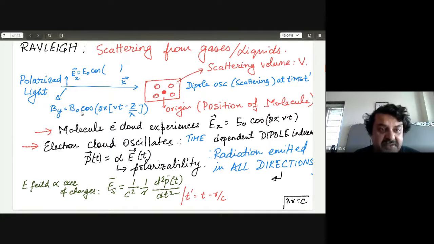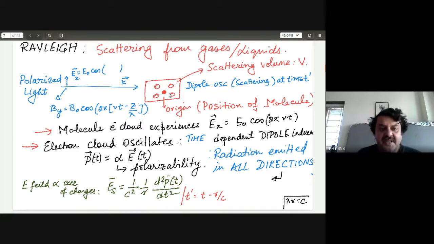The plane wave can be written as B0 cos 2 pi (nu t minus z by lambda), nu being the frequency. Similarly there will be an expression for the electric field, and this light is incident on a scattering volume containing scatterers.